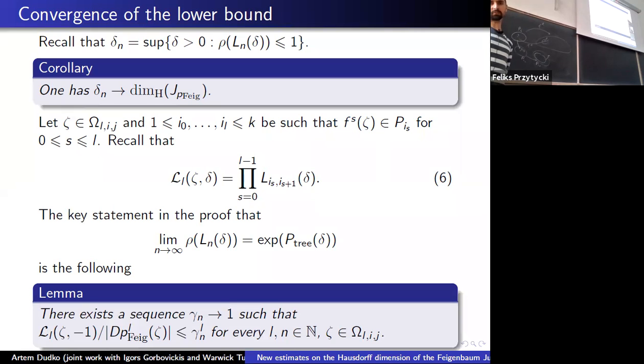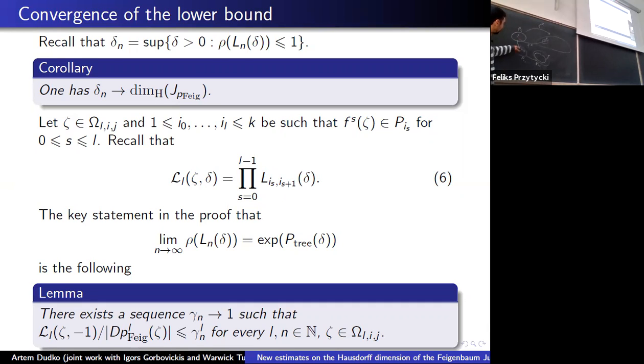And to show that the limit of the spectral radius of Ln of delta is equal to the exponent of the tree pressure, the key lemma is the following: the product of the entries of the Macmillan matrix divided by the derivative of the true iterate.